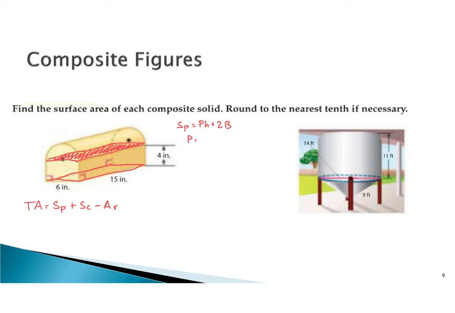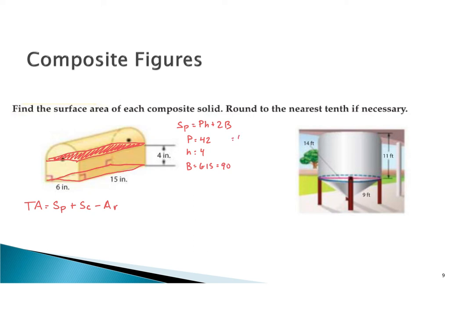That's going to be 6 plus 6 plus 15 plus 15. I'm going to get 42 for the perimeter here. The height is given to us. It's 4. And last but not least, my base. That's going to be 6 times 15, or 90.